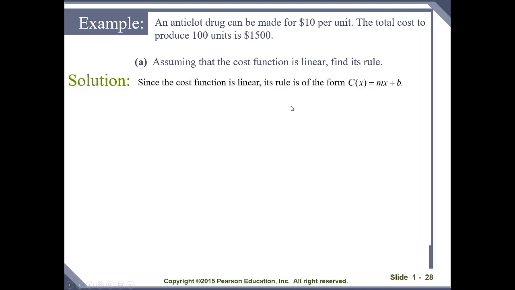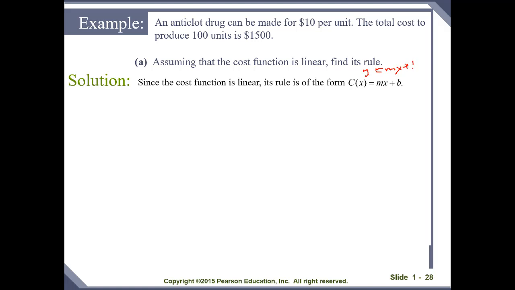Because it's a linear function, the rule is going to look like an equation in slope-intercept form. Because it's a cost function, we call it capital C of x. The capital C is for cost. But notice that this is the same format as we've seen for slope-intercept, which is the same format as y equals mx plus b.